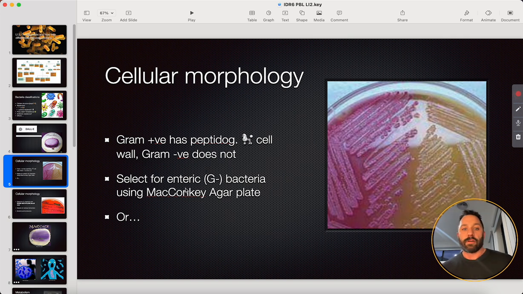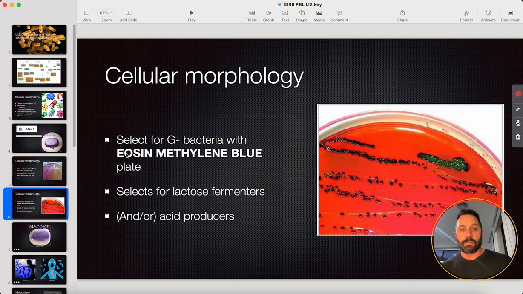So if we select for enteric bacteria from the intestines and things like that, which are generally going to be anaerobic, don't require air to grow, we're going to use a MacConkey agar plate, which is pictured here, or we can use a plate called eosin methylene blue, which selects also for Gram negative bacteria, and also selects for lactose fermenters, which we spoke about earlier. So we've got a Gram negative, and also we've specified that it's a lactose fermenter or an acid producer.